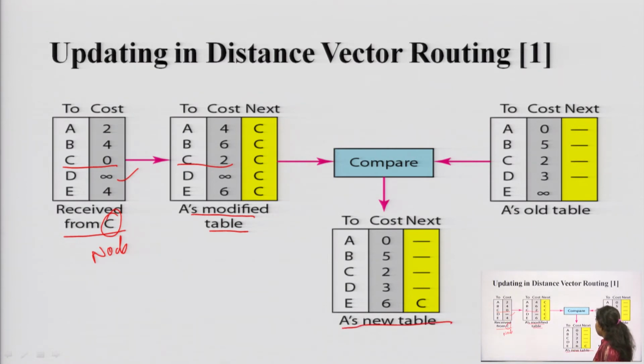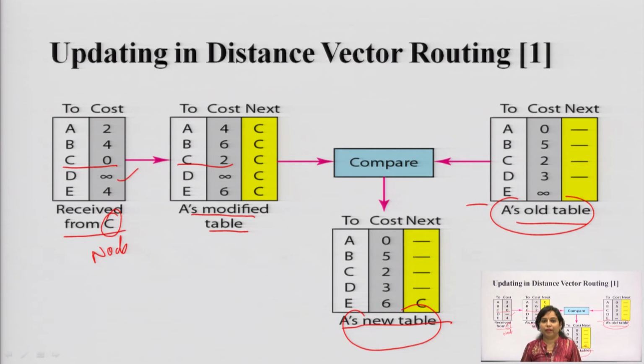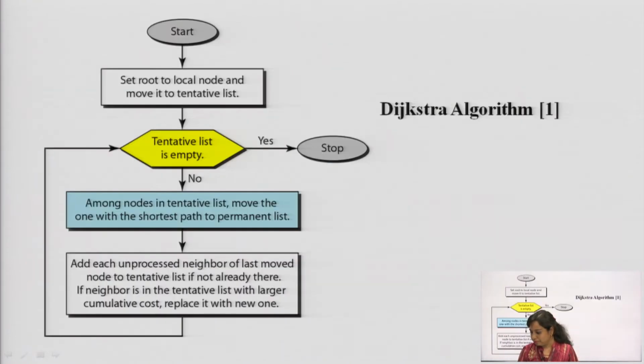Then this is A's new table. If I compare, this is A's old table, this is the new table and this is A's modified table. So, you can compare and you can form these two. These two tables are compared together to form A's new table. So, this is how the updating will be made in the routing table.